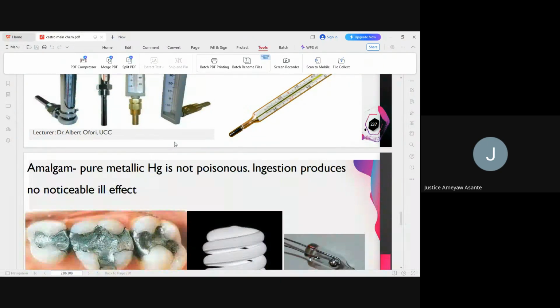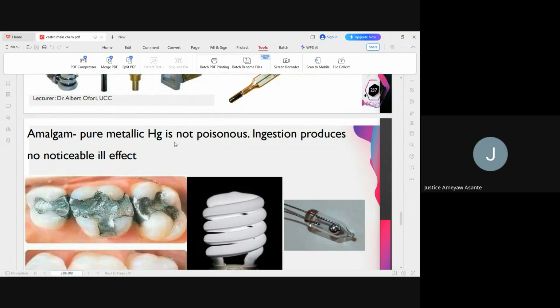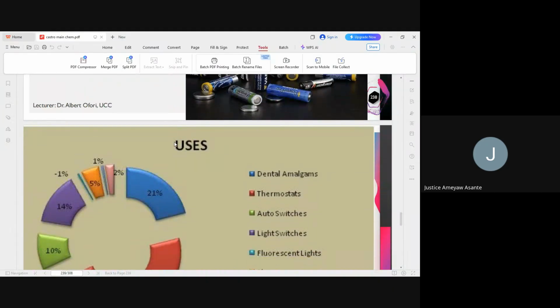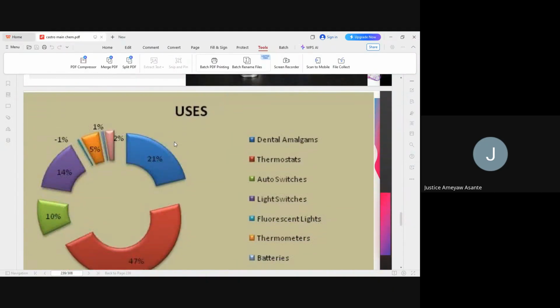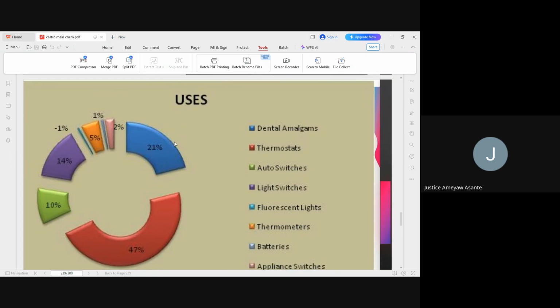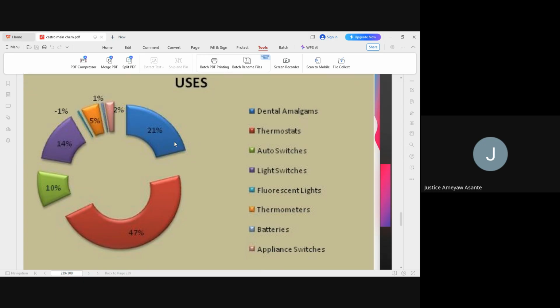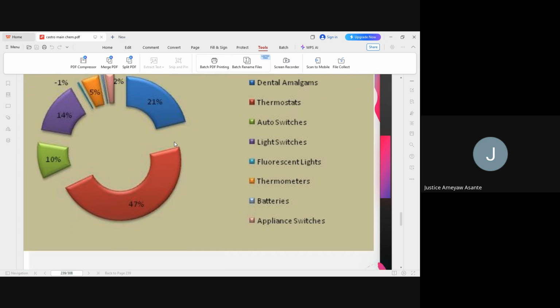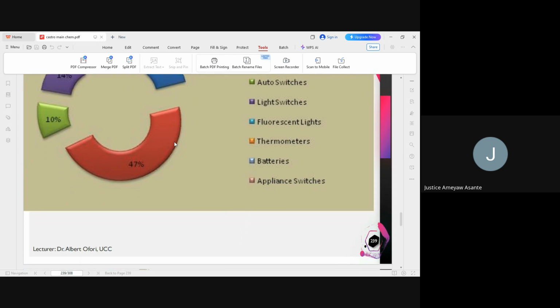Pure metallic mercury is not poisonous. Ingestion produces no noticeable ill effects. So it is used in dental amalgams, thermostats, auto switches, light switches, fluorescent lights, batteries, and appliance switches.